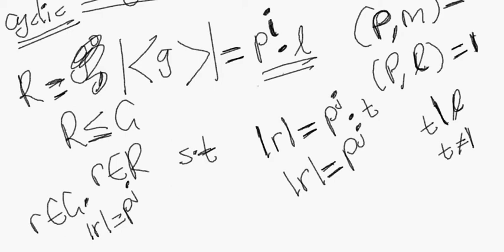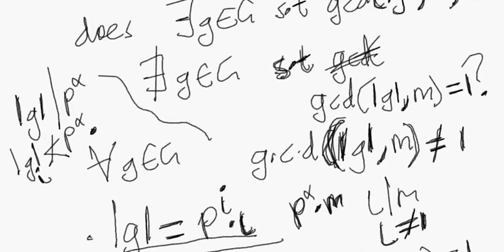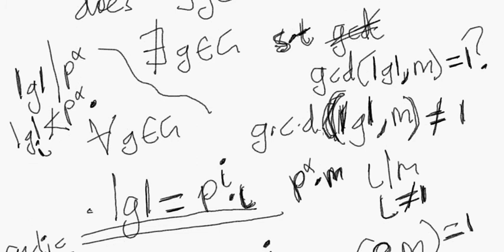Because we said before that part of our assumption here was, look, for every element, the order of the element must have something in common with M, some non-one factor in common with M. The GCD of the order of the element with M cannot be 1.